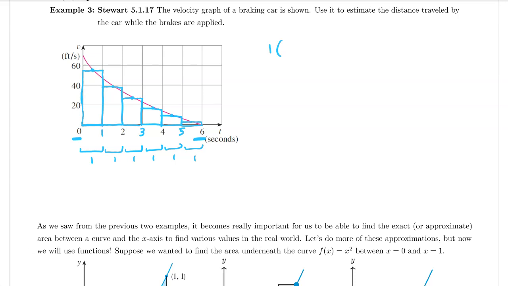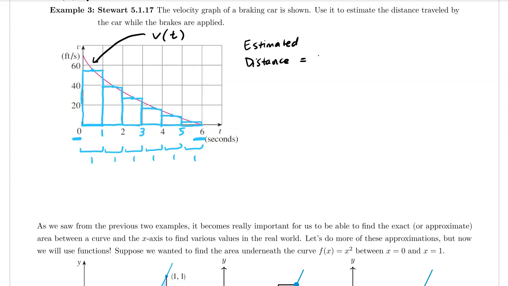Now, I don't know exactly what the height is, and so this curve, if we thought about it as a function, I might call this curve v of t to represent the velocity function after time t seconds. Now if I'm trying to estimate the distance, so estimated distance, it's basically us adding the areas of each of these rectangles up.